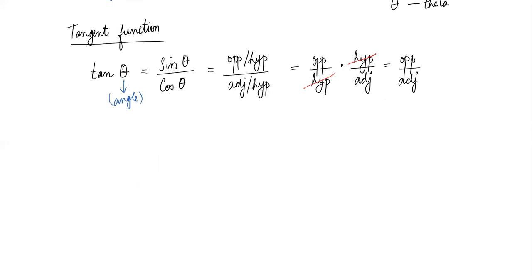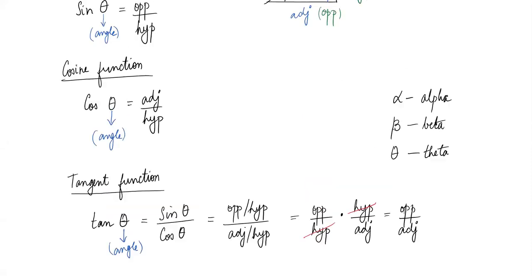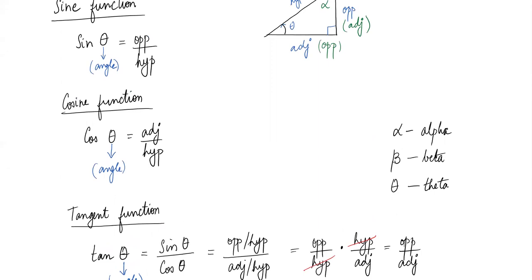And to remember these ratios, there is a mnemonic to remember this relationship. I'll just highlight it. S-O-H: sine is opposite over hypotenuse.